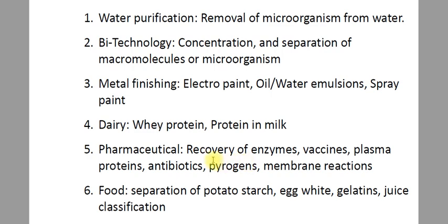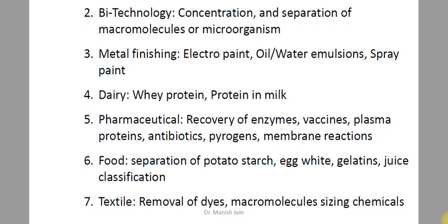So in the pharmaceutical industry, similar to biotechnology labs, we can widely use the ultrafiltration membrane. In the food industry, it is used for separation of potato starch, egg white, gelatins, and juice clarification. So it is widely used in the food industry also.